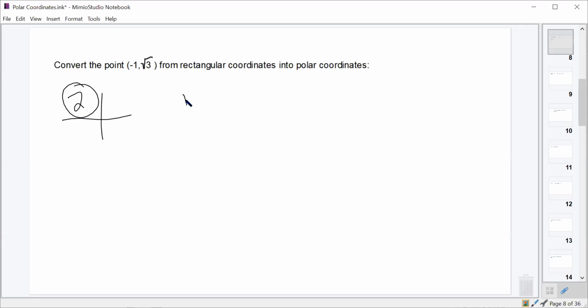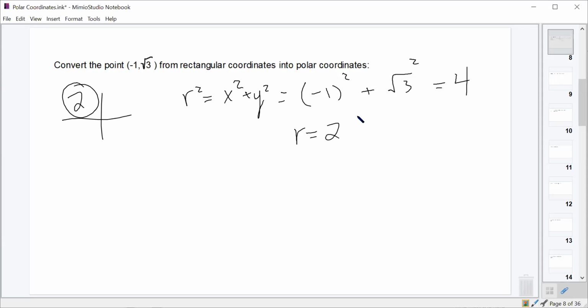And so then we will just use r squared equals x squared plus y squared to get that r squared is -1 squared plus √3 squared. What's -1 squared plus √3 squared? That should be 4. So what does r equal? R is 2.